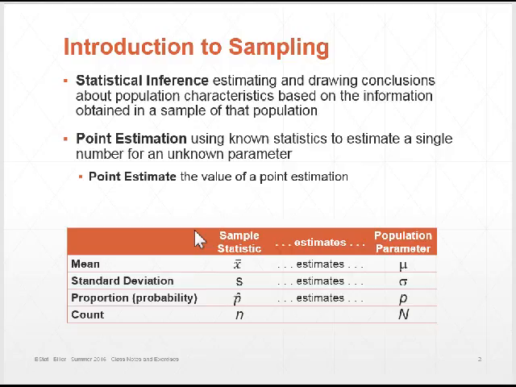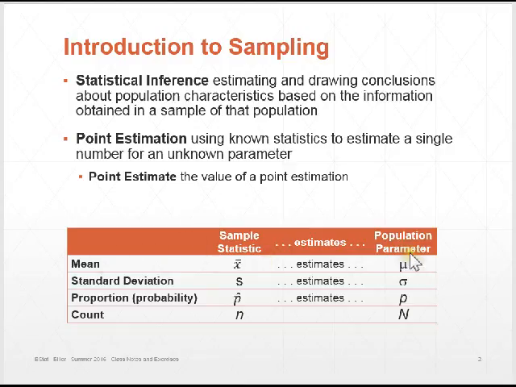In the table at the bottom of our screen, we have several common measures that we'll be seeing a lot of. Notice that on the left we have sample statistics, so any characteristic from a sample is always called a statistic, whereas any of the same characteristics but from a population is called a population parameter. Let's go ahead and look at mean.